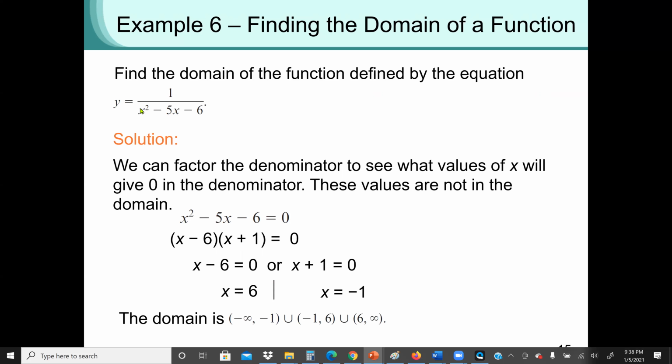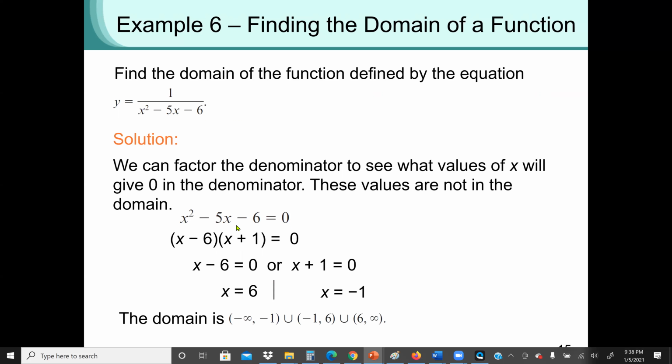So we can see that if the value of x here gives us 0 in the denominator, we are not going to get an answer for y, because any value divided by 0 does not exist. So in the domain of this function, we are going to look for values that, if we substitute here, give 0. That's the first thing we do. We take x squared minus 5x minus 6 equal to 0.